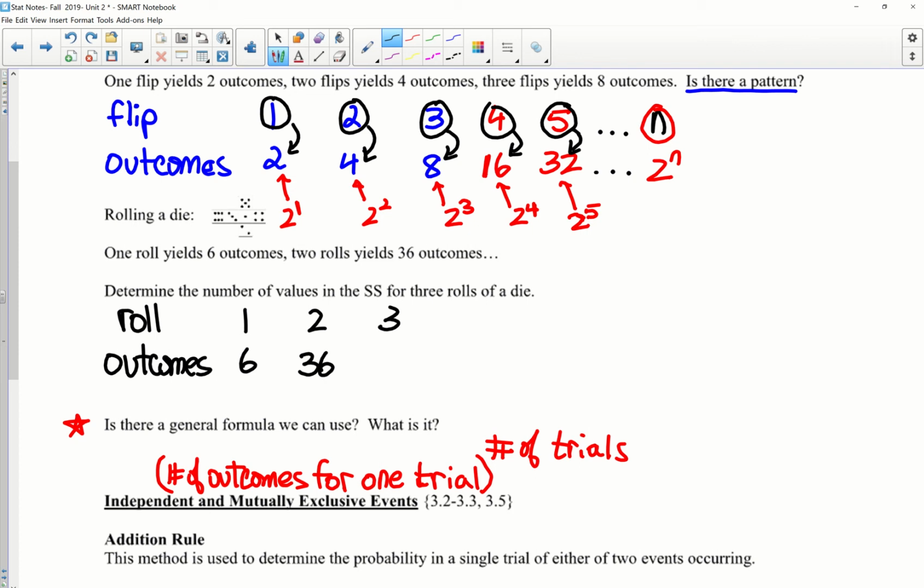All right. So in this case, it seems like we're multiplying by 6, just like in the last one we were multiplying by 2. But we could also look at this as 6 to the first, 6 to the second. And so the next one would be 6 to the third, which if you pop that in the calculator is going to be 216.